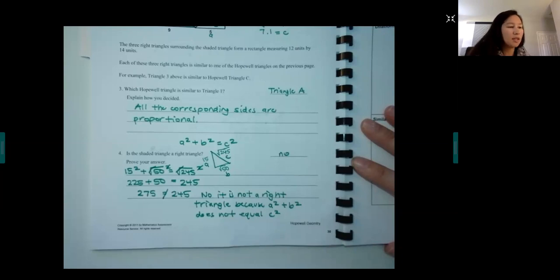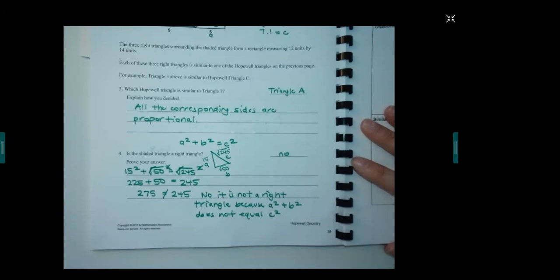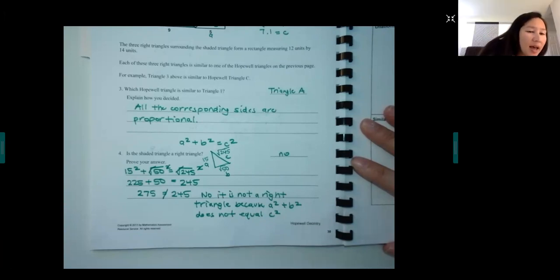Any questions on the problem solving? No. Okay, do you want to go ahead and open up Canvas then? We can work on the study guide, and then all you have left for the week is the study guide and the test.